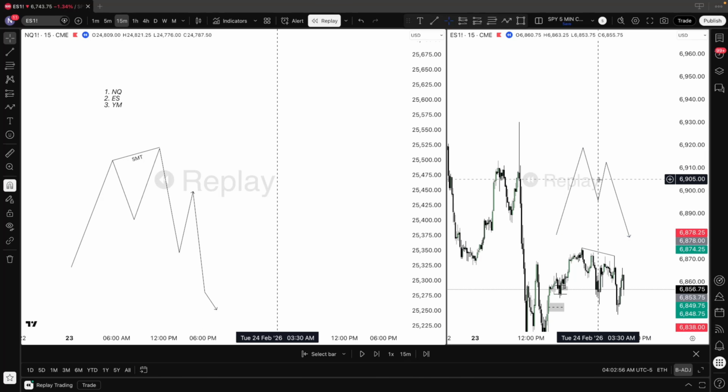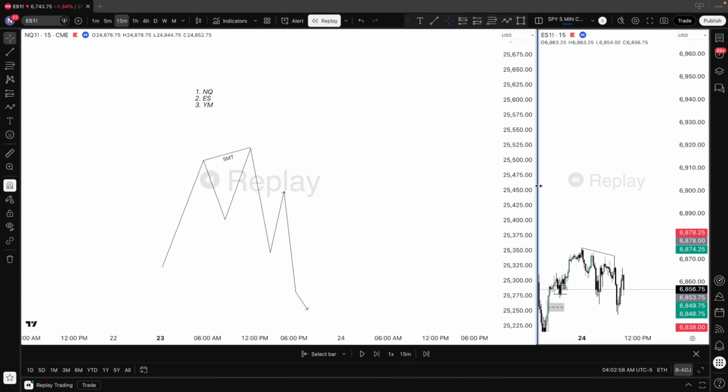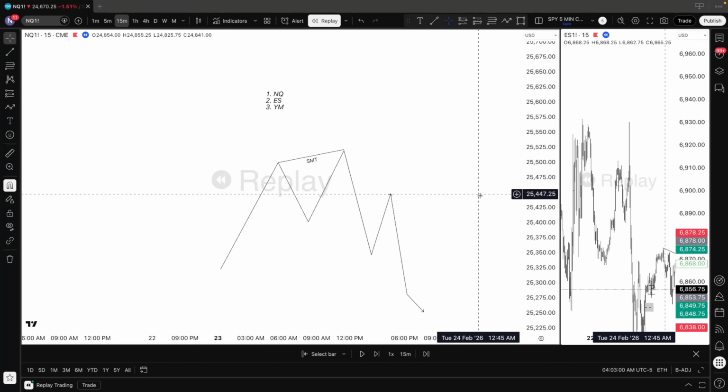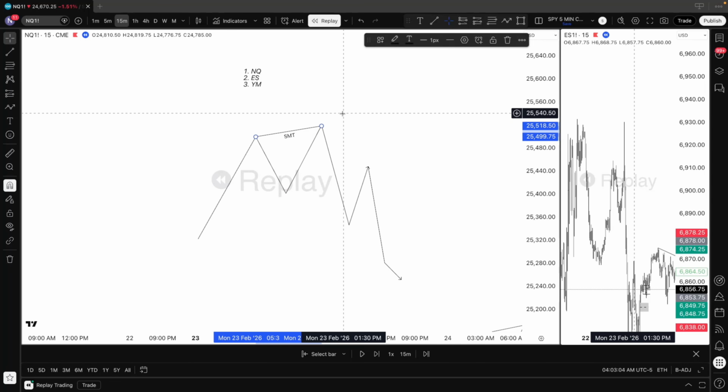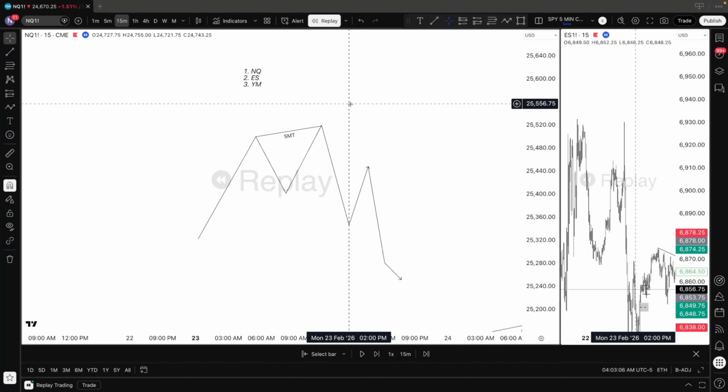The most important thing to note about SMT that a lot of people get wrong is they think, okay, we took a high and we have some kind of SMT. Well, you have to ask yourself two things: where's the draw on liquidity and where's the narrative? You have to align these things with that SMT, especially when putting a low or high of day SMT to look for some kind of reversal.